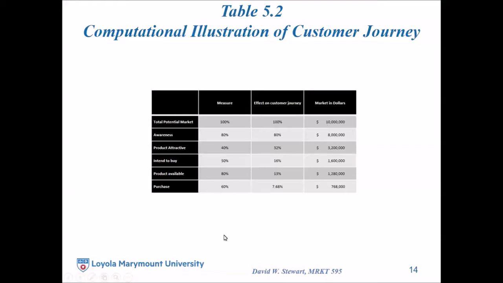So if only 80% can get the product, suddenly our market is down to only 1.28 million. And of those, only a fraction purchase. So suddenly what looks like a really big market, $10 million, isn't such a large market when we begin to look at the process of where people fall.